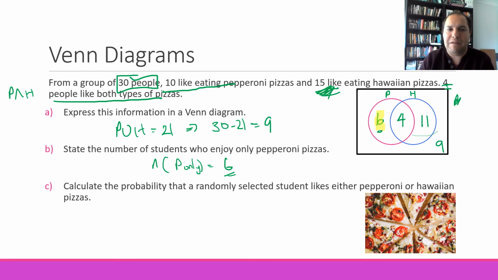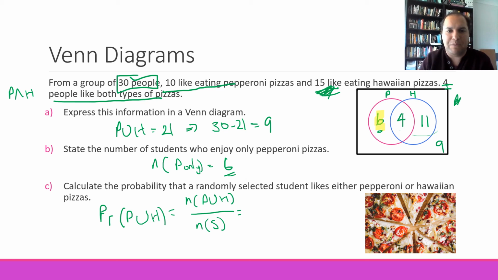Now, calculate the probability that a randomly selected student likes either pepperoni or Hawaiian pizzas. Well, we've already found out that number above. It was 21. So the probability that someone likes pepperoni or Hawaiian, that's our union, is the number of people who like pepperoni or Hawaiian out of the number of people in our sample space.